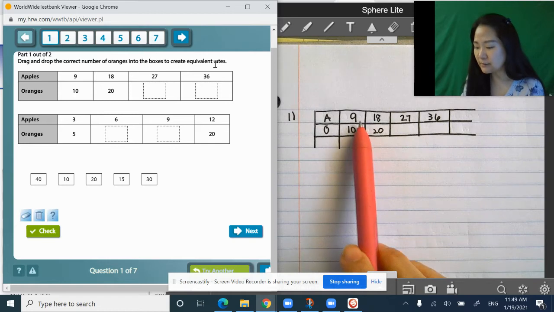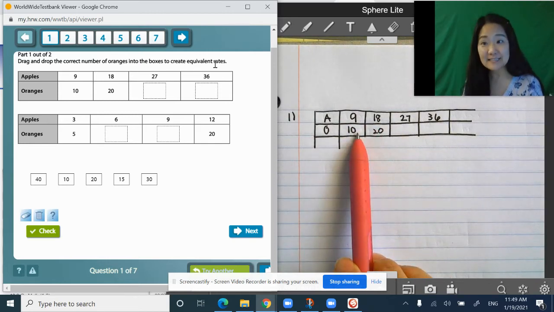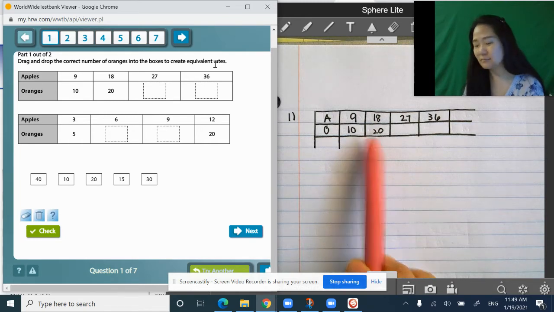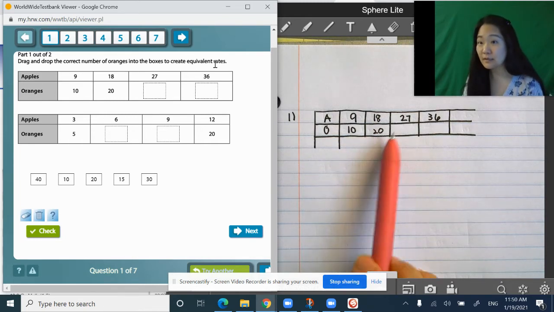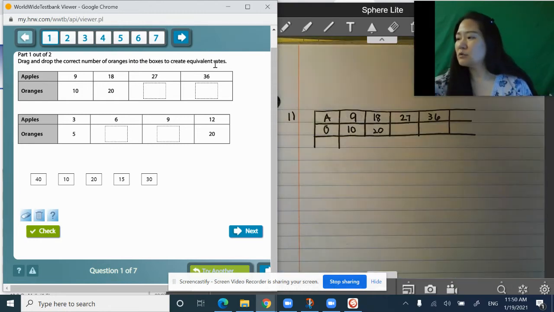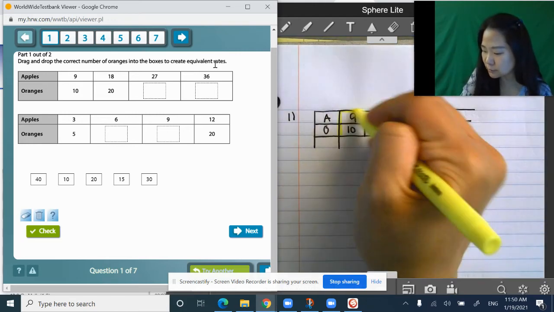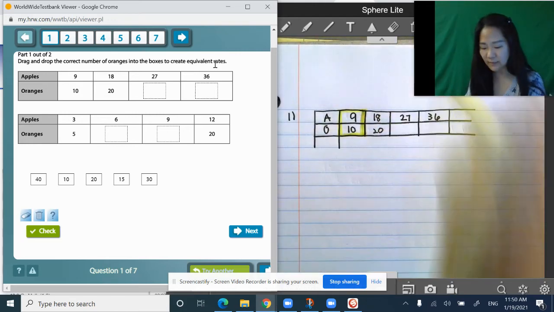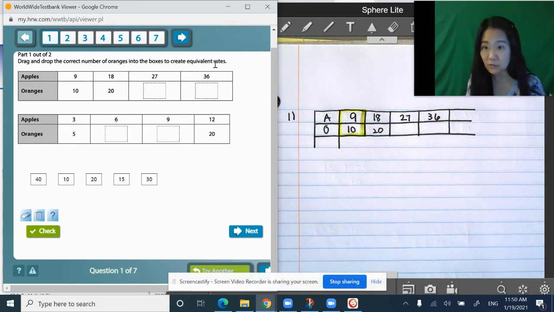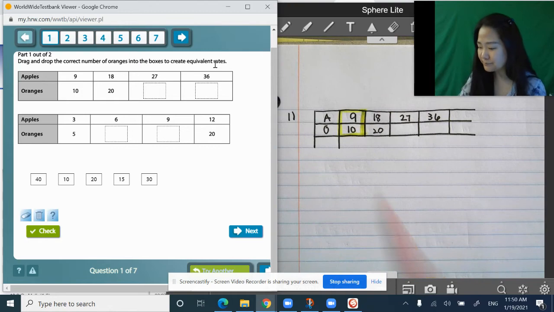You can't say, oh, 9 plus 9 is 18, so 10 plus 9 is 20. It doesn't work that way. The second thing you need to keep in mind is you always want to start from the original ratio. So when you're multiplying or dividing to find equivalent rates or ratios, you want to always use the original. So let's take a look.